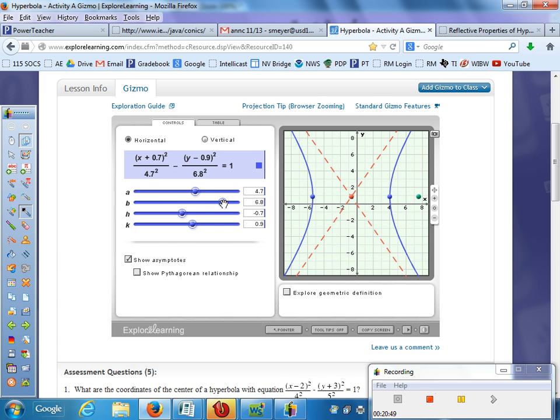If I make it bigger, B is now bigger than A. Did it make it go vertical? If I make it smaller than A, switch the signs of X and Y. What do you think? You're on the right track. Press the button that says vertical.